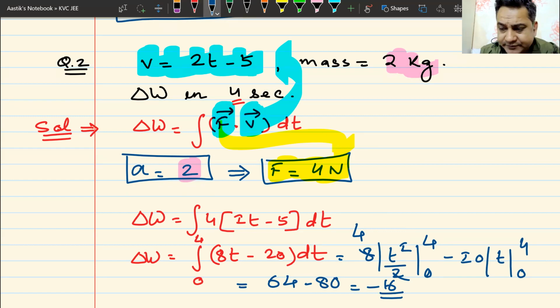Are we clear with this? We understand this? Yes, sir. That's it. As simple as this. Okay. Chalo. So if any question of this nature comes, this is how you are supposed to do it. Okay. Shall we move again? Anyone any doubt?